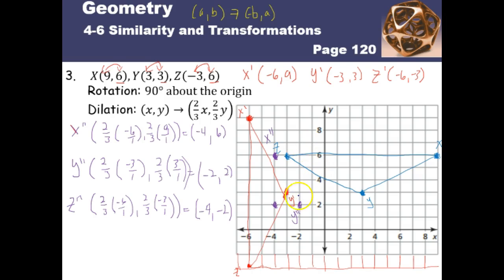Oh, that's what went wrong. I put that in the wrong spot. Erase. You probably caught my mistake. It's -4, -2. So right here is z double prime. And I'm going to connect the dots.